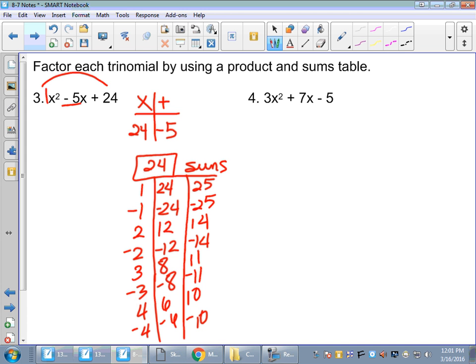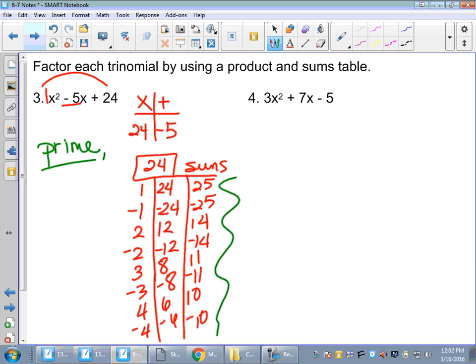So that tells me this is prime. I went through every single possibility, every single combination here, and I couldn't find one. I never found a sum of -5, unless I did something wrong, and looking back through my work, I didn't. Everything works out. If it was -24, it might work, but in this particular case, it's prime.